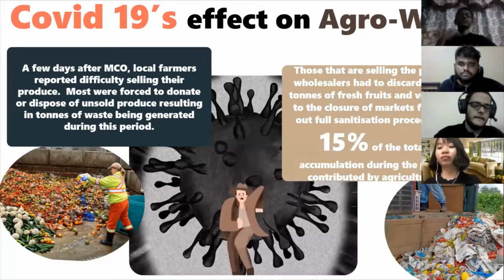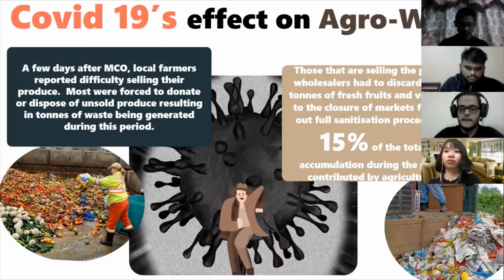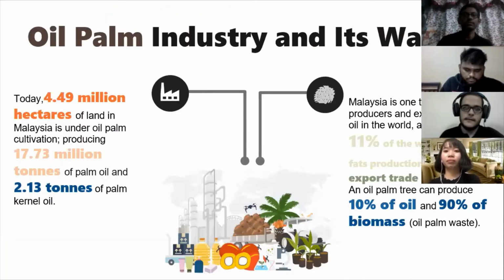As you can see in the bottom left picture, a lot of food, vegetables, and fruits have been disposed of because during the MCO, the Movement Control Order, the wholesalers couldn't sell their produce. As you can see on the right, 15% of the total waste during the pandemic alone was agro-waste. Thank you. I'll pass it back to Nizar.